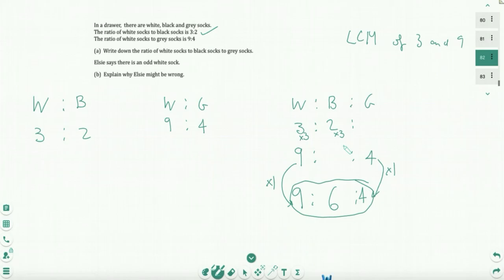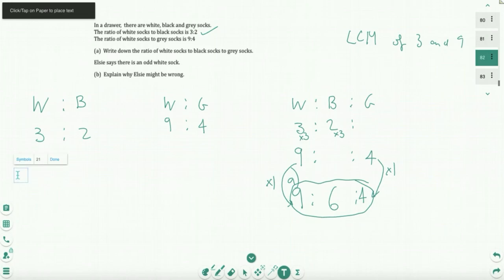Okay? Now, in part B, that's our answer to part A. LC says there's an odd white sock. Explain why LC might be wrong. Okay, so let's look at this ratio and interpret it. The ratio we found between white, black, and gray socks was 9, 6, and 4.